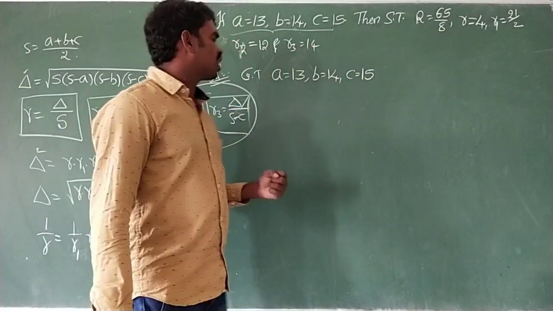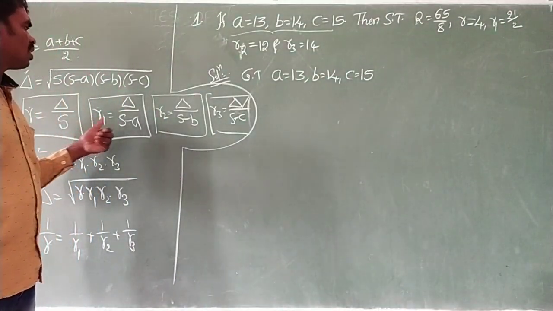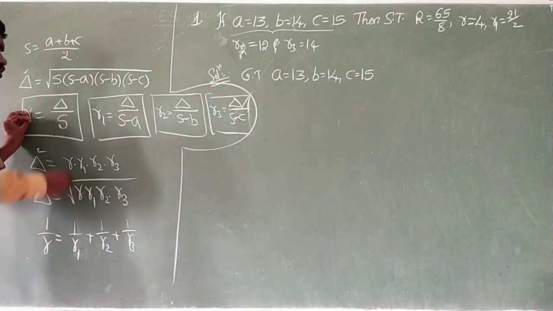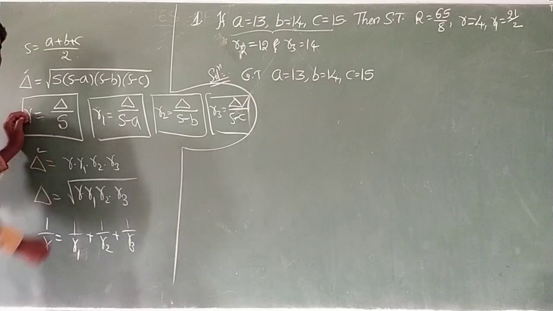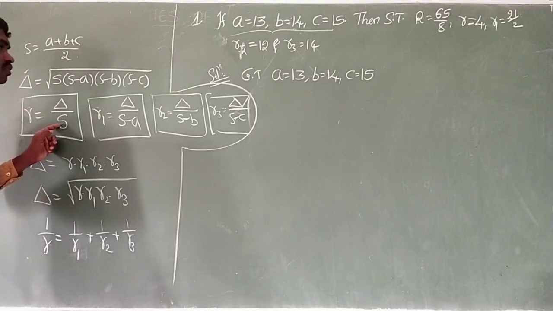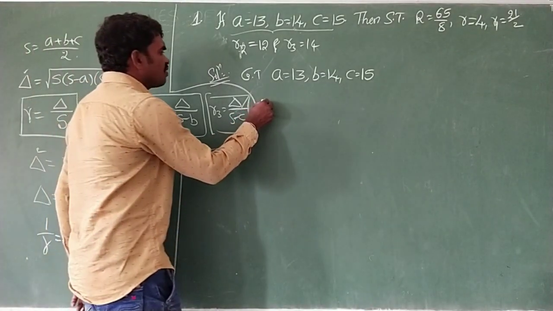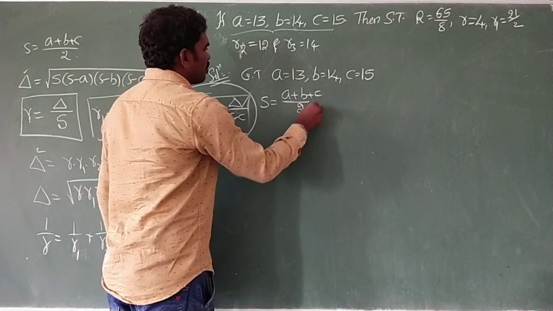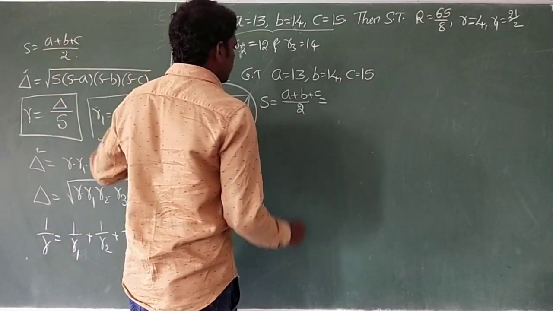Generally delta by s, and r1 is delta by s minus a. To find r, we should know what delta is and what s is. How can you find the delta and s values? Yes, very good. We have the formula s equals a plus b plus c by 2. Am I right? s means a plus b plus c by 2.